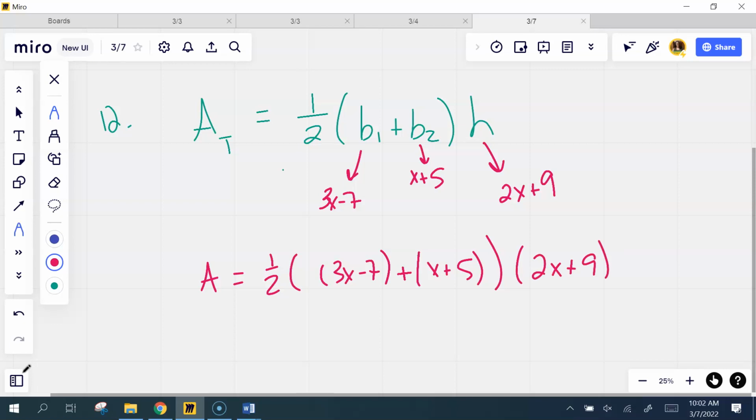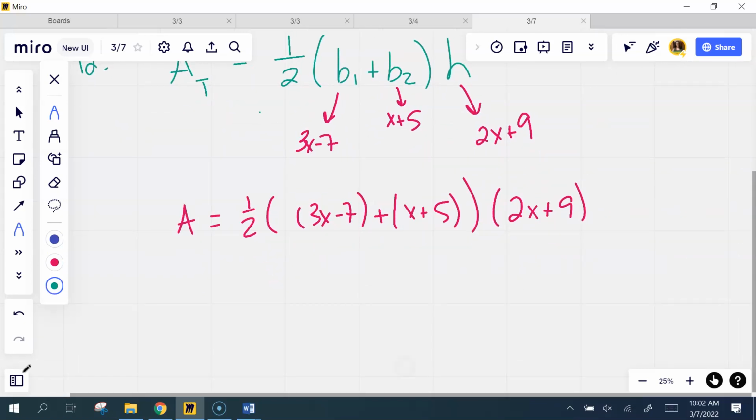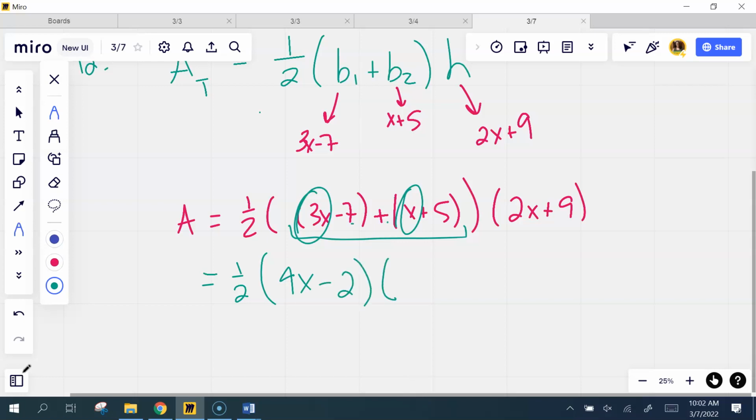So you've got multiple operations in here as we simplify. I'm going to work innermost parentheses first. So if I combine like terms here, what is 3x and x? 3x plus 1x is 4x. Negative 7 plus 5 is negative 2, times 2x plus 9.